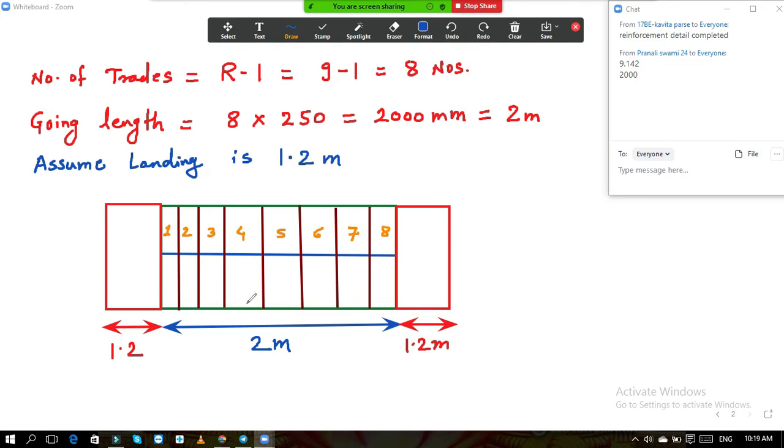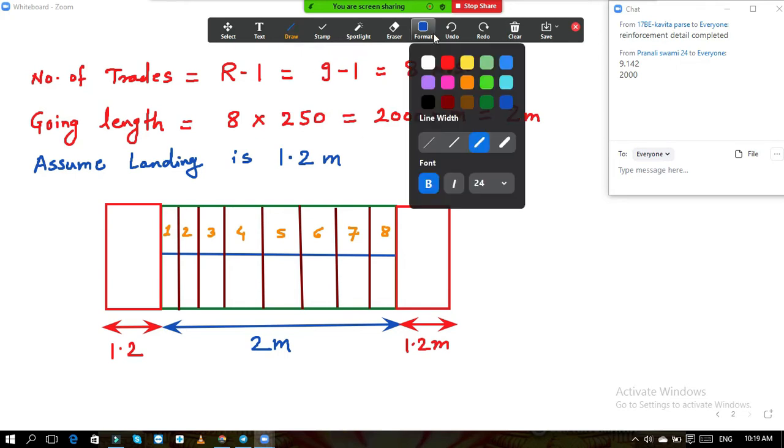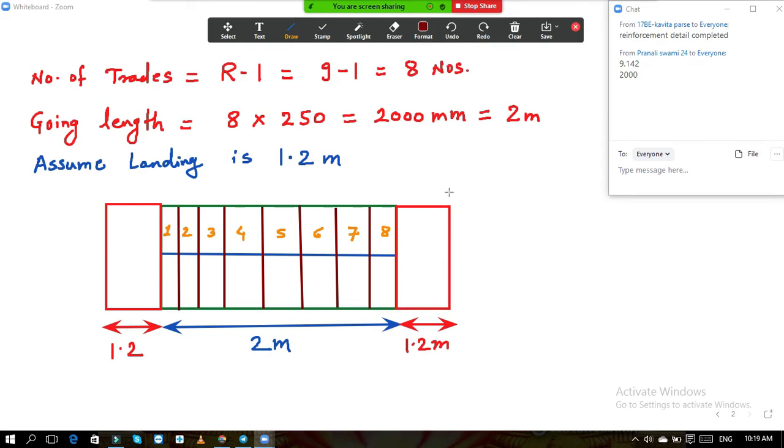If it is not given in the problem, then we will assume that the support is given outside the landing, and the width of the wall is 230 mm. So I will assume the support like this. I will draw the wall here.